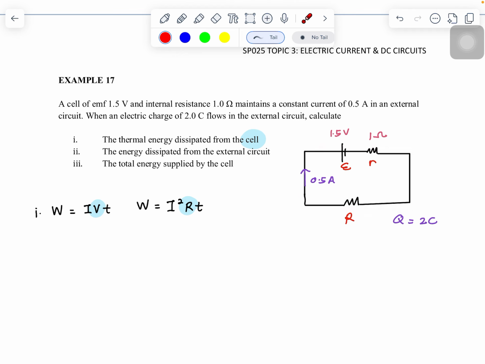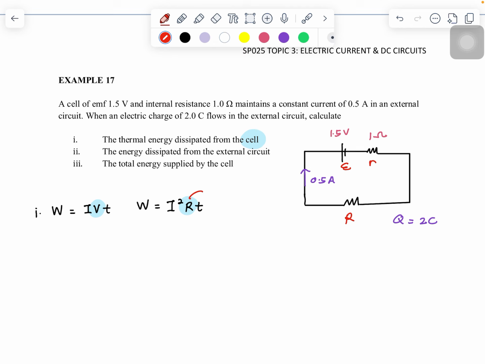So you have to make sure you use the value from the cell only. Okay, so kalau kita tengok yang ini, value R dekat sini, resistor ni mesti daripada cell. So daripada cell, resistor yang kita ada adalah internal resistor. Okay, walaupun dalam formula dia tulis capital letter of R, right?